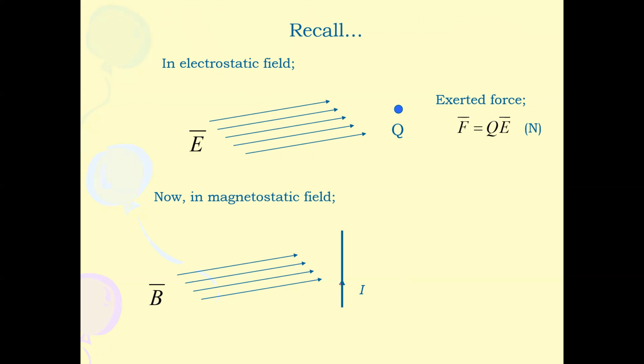For this particular case, the current element I dl will experience a magnetic force given by this equation: dF vector equals I dl cross B, where I dl is the element of current, and the B vector is the external magnetic field which exerts the force on this particular current element I dl vector.